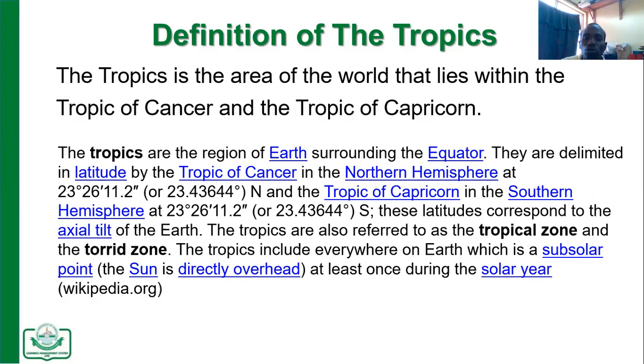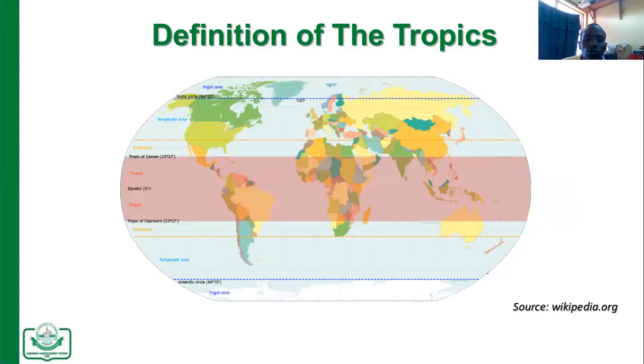So we have the latitudes corresponding to the axial tilt of the Earth. So tropics can also be referred to as the tropical zone or the torrid zone. The map we have before us from Wikipedia, you can see explaining it. That area that is painted pink shows everywhere within the tropics.